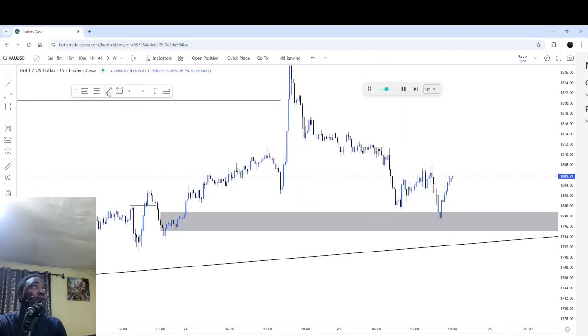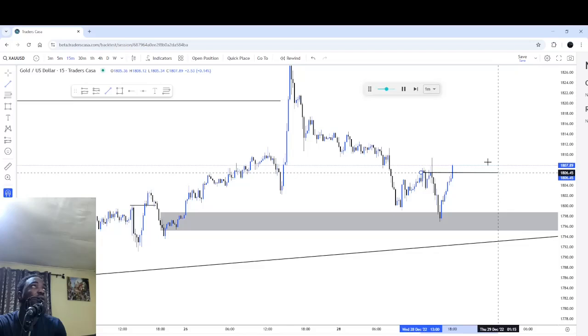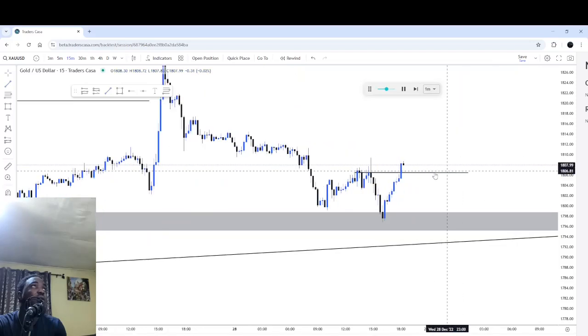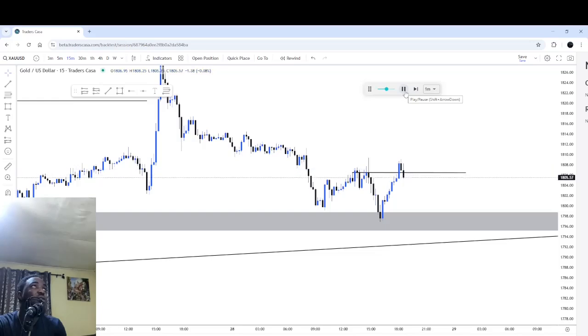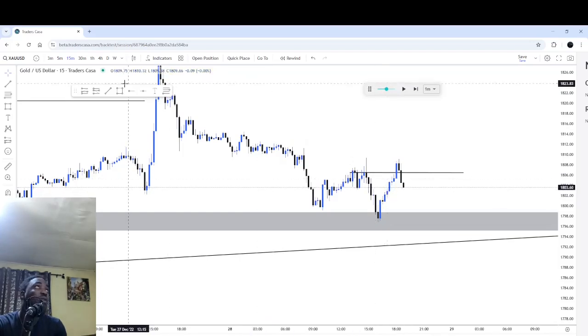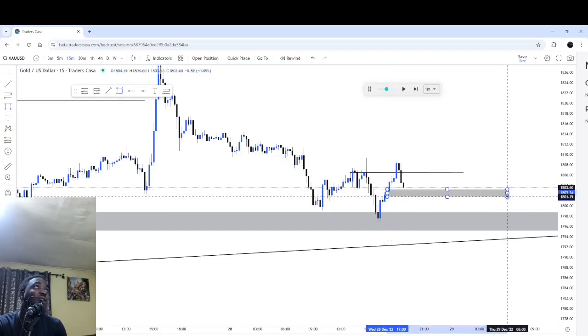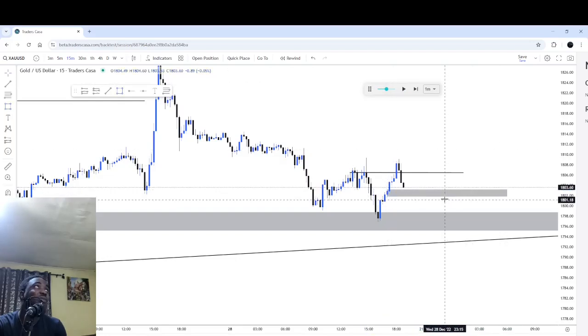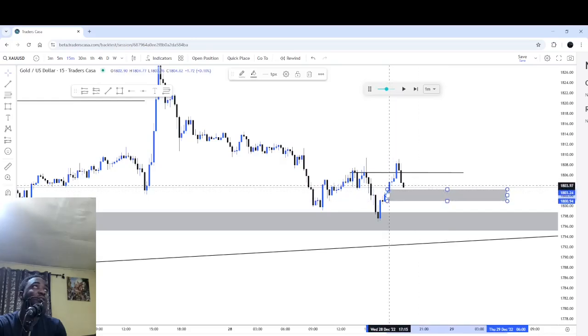So there is your structure. So we've gotten that break. Now we want to see a retest. Okay, so as you can see, this is the last candle before the actual move. This is where there was a gap.